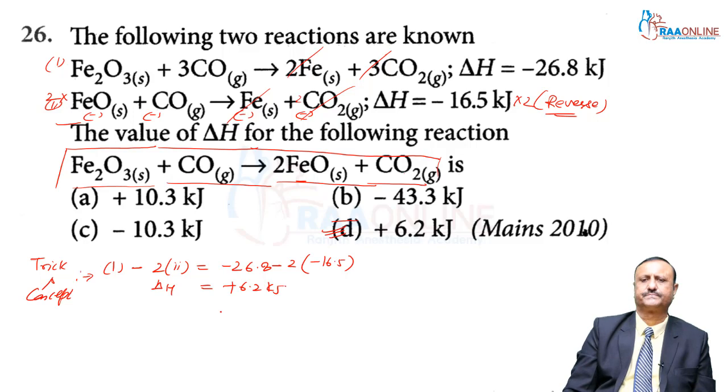Answer is this one. Minus minus plus, so minus 26.8 plus 33 gives plus 6.2 kilojoule. When you take 1 minus 2 multiplied by 2, you achieve the target equation.